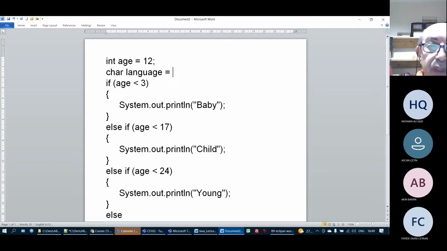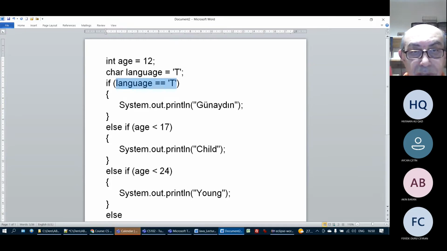For example, I'm using T for Turkish, E for English, F for French, D for Dutch, Deutschland. So here I can have, for example, if language equals T, print günaydın. If language is English, for example, Control C, let's take this one, put it here. If language is English, print good morning.